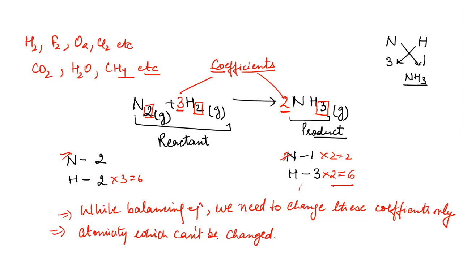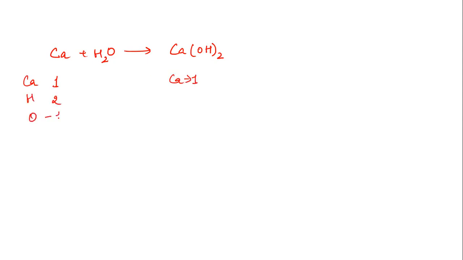Now we will see some more reactions. Suppose we have Ca plus H2O gives you Ca(OH)2. Now see whether this reaction is balanced or not. Calcium, 1 calcium. Here we have 1 calcium, hydrogen 2, oxygen 1. Clear?